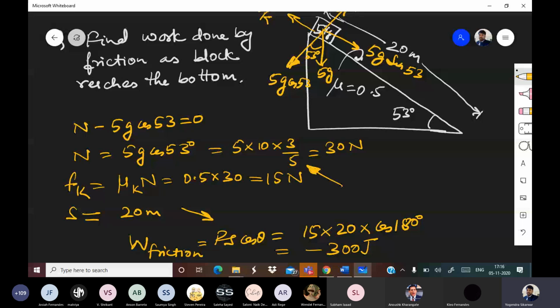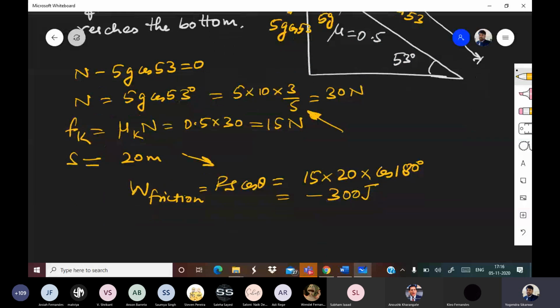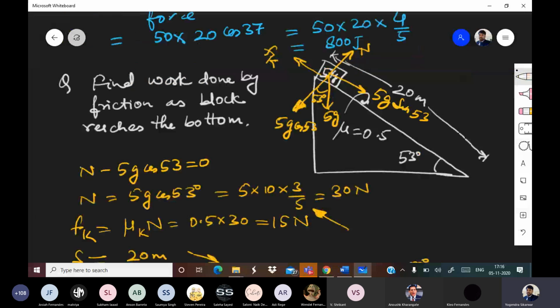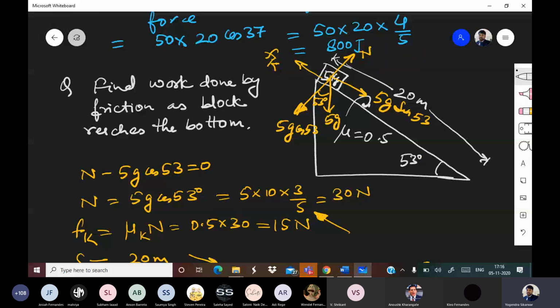Any doubt, any question? Good. Sir, how cos 180? Because force is acting upward and displacement is downward. Will the block be going down or up?